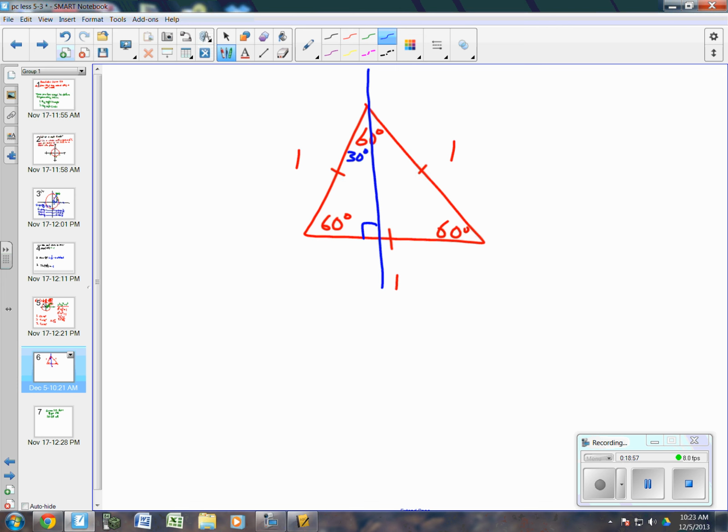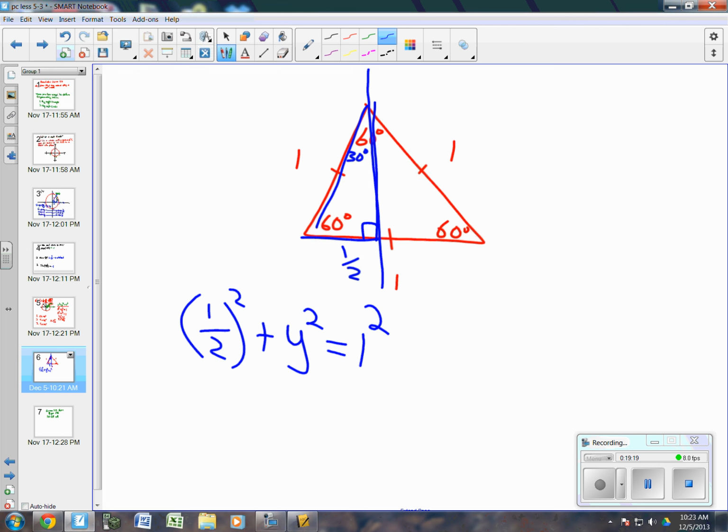If I just split this triangle in half, if this side is 1 unit and I split it in half, this side is going to be 1/2, isn't it? Now, if I was to use the Pythagorean theorem here, I have a hypotenuse of 1, an x of 1/2. How would I find the y? I'd go 1/2 squared plus y squared equals 1 squared.